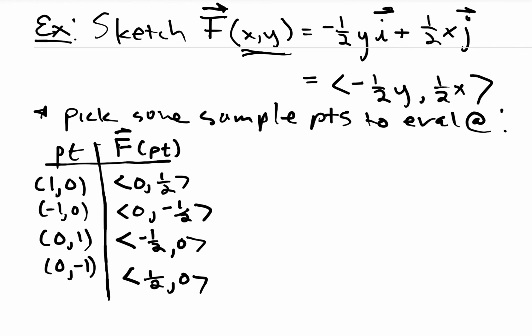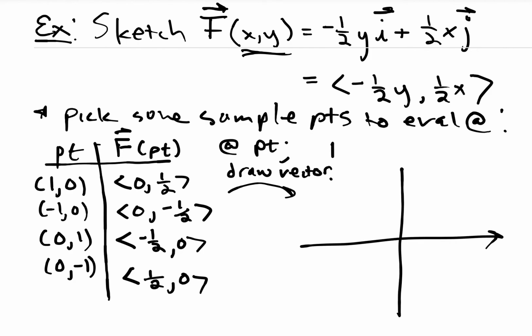Okay, so again, what we said is at whatever your point is, what we want to go ahead and do is draw, emanating from that point, whatever the corresponding vector is. So if I just set up my xy plane, because again this is a 2D vector field, we are living in 2D here, starting at the point 1, 0, we'll go ahead and give you guys some scale here.